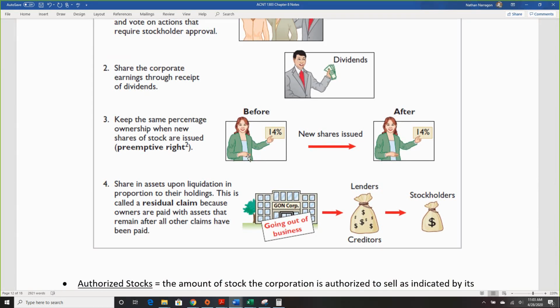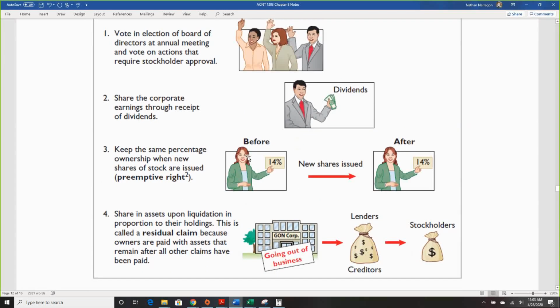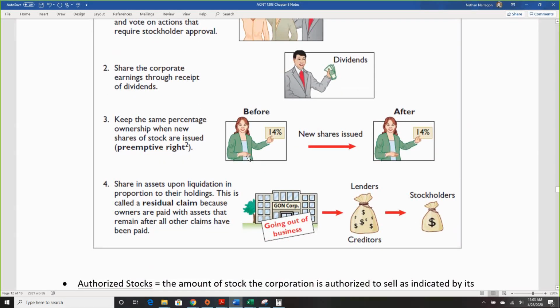Another thing that they get as a right is known as a preemptive right. Basically, they get to keep their percentage of ownership when new shares of stock are issued.